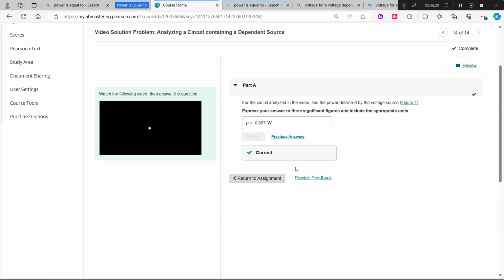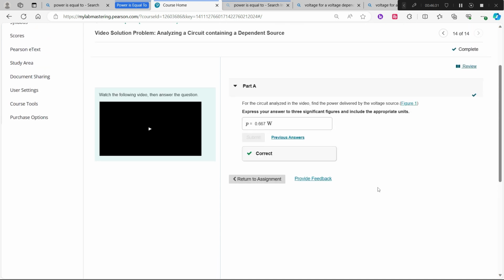Okay. So the question's asking, what is the power delivered by the voltage source? Well, the voltage source is here, right? Where does it need to be delivered? Well, we have a second whole element on this side, a whole different node. So total voltage source coming from this side is 20 times, what is it? Power is voltage times the current.